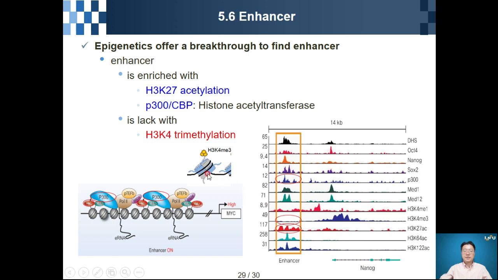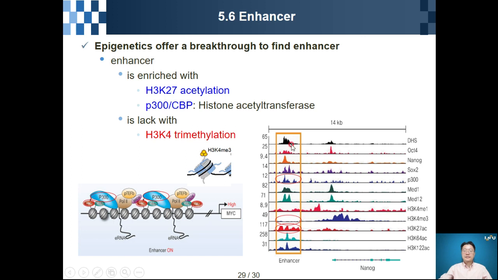The histone 3 protein is composed of several amino acids, and the fourth amino acid is lysine. K is lysine. When the lysine residue is tri-methylated, we call it H3K4 methylation. We found that enhancers lack H3K4 methylation.